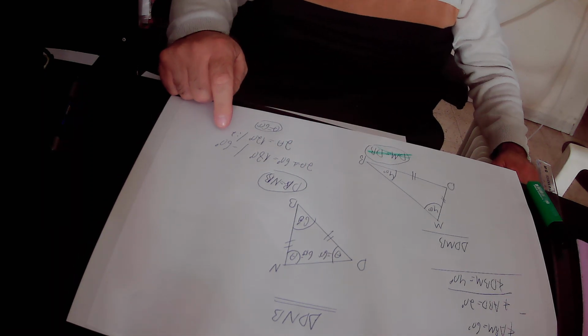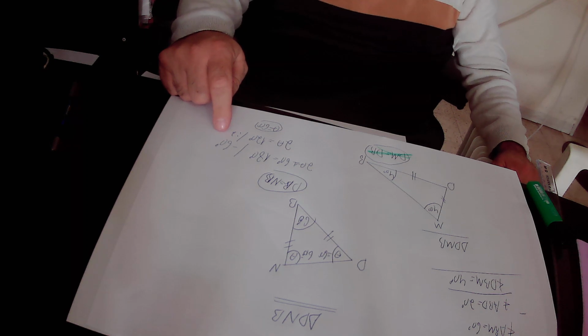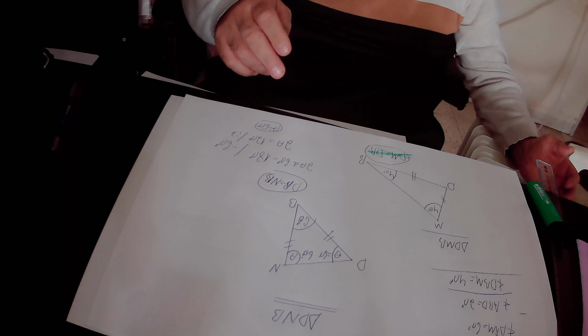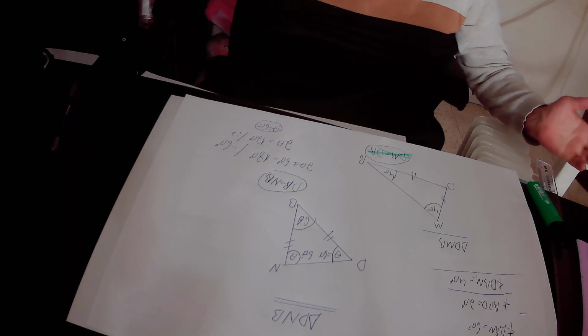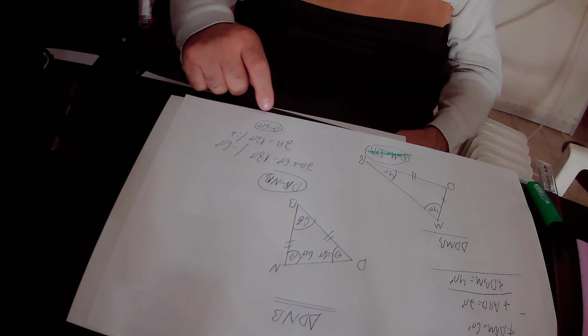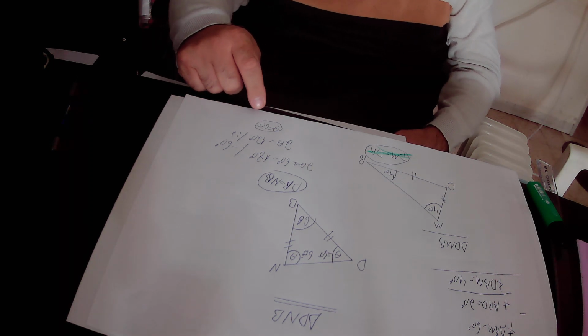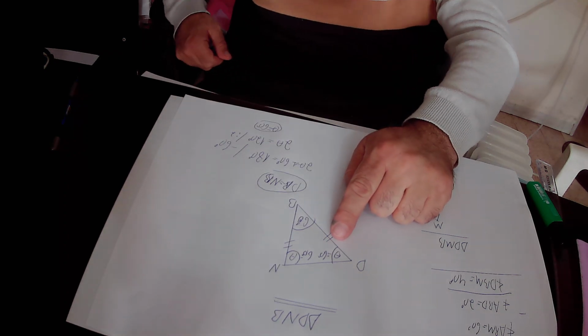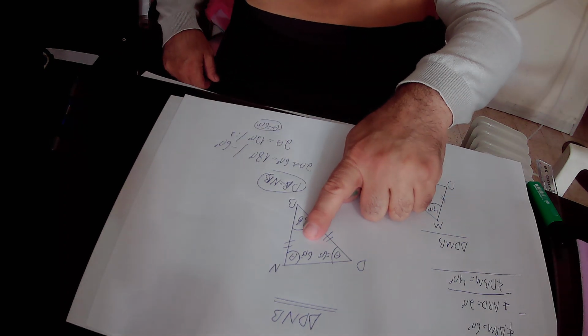We subtract 60 degrees from this equation, and we find that 2 theta equals 180 minus 60, which is 120. We divide this equation by 2, and we find that theta equals 120 over 2, which is 60 degrees.